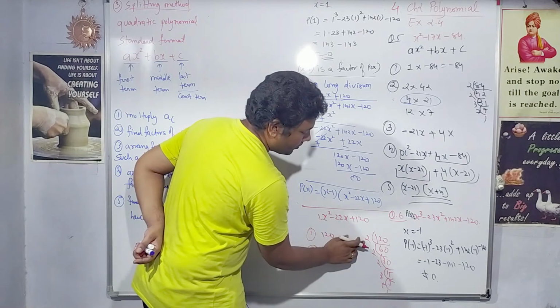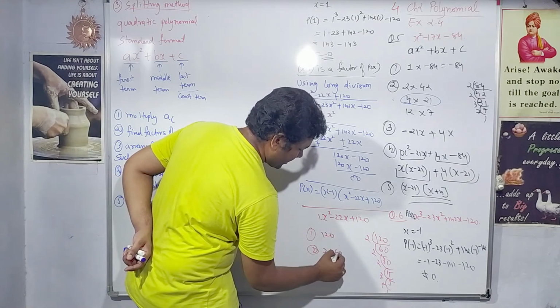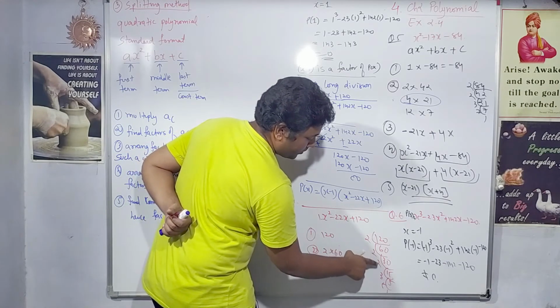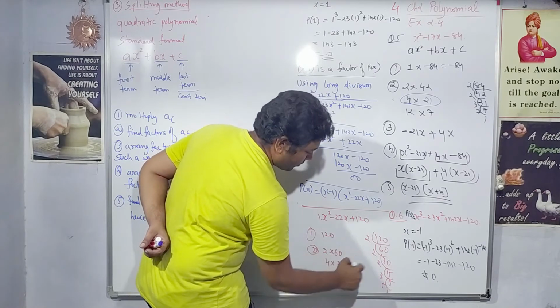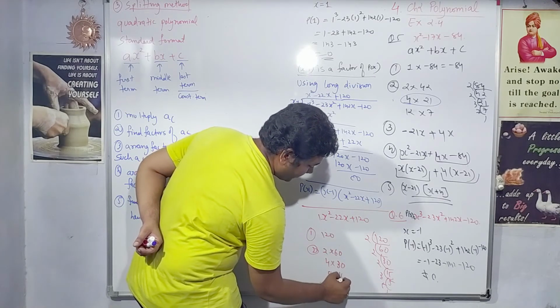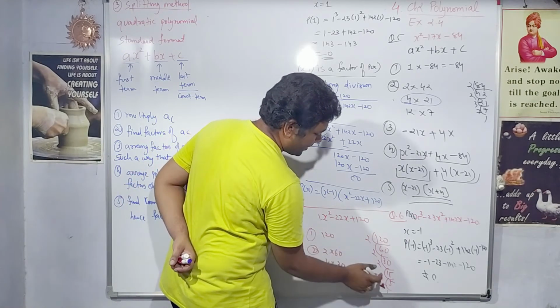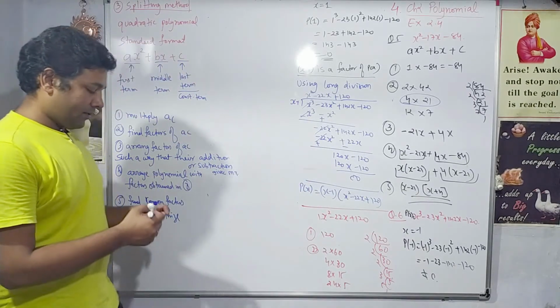So 2 into 2 is 4, 4 3s are 12, 12 5s are 60. So 2 into 60, or you can write 4 into 30, or 8 into 15, or 24 into 5. So these are the possible combinations.